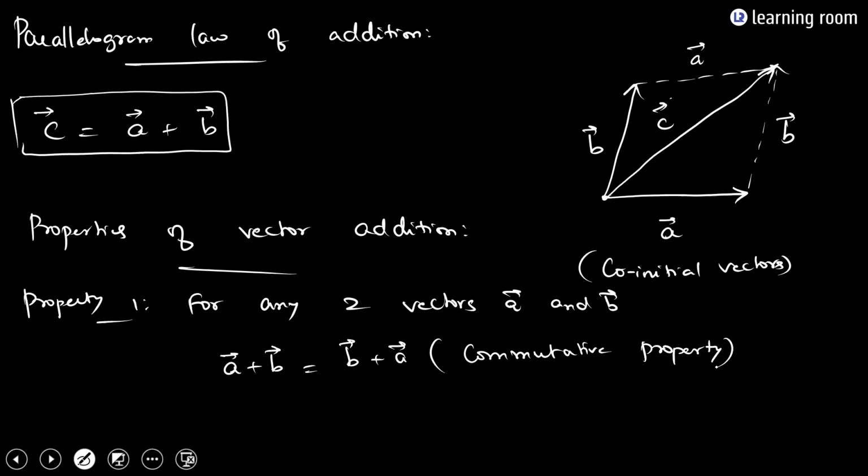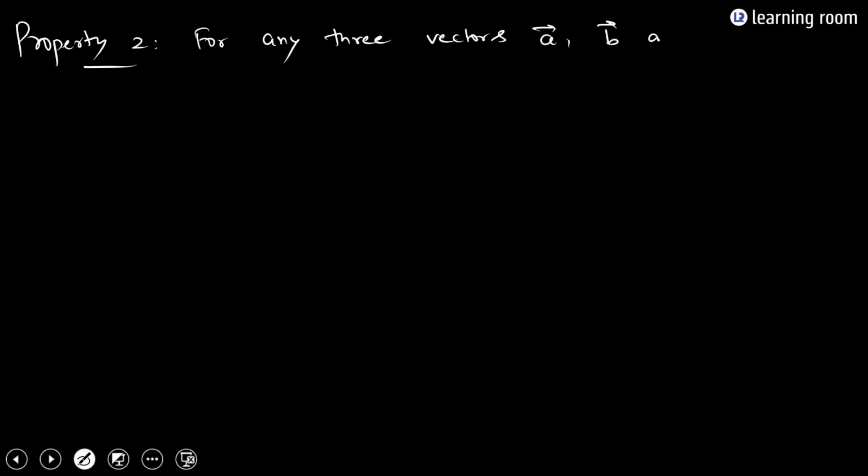Next is property number 2. For any three vectors A, B, and C, we have (A vector plus B vector) plus C vector is the same as A vector plus (B vector plus C vector).